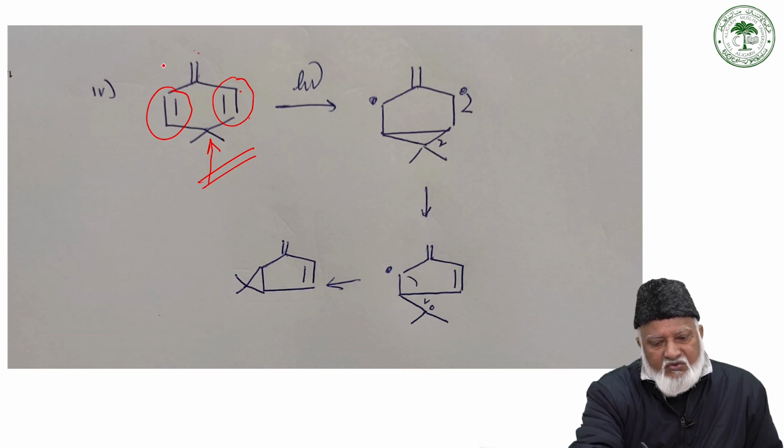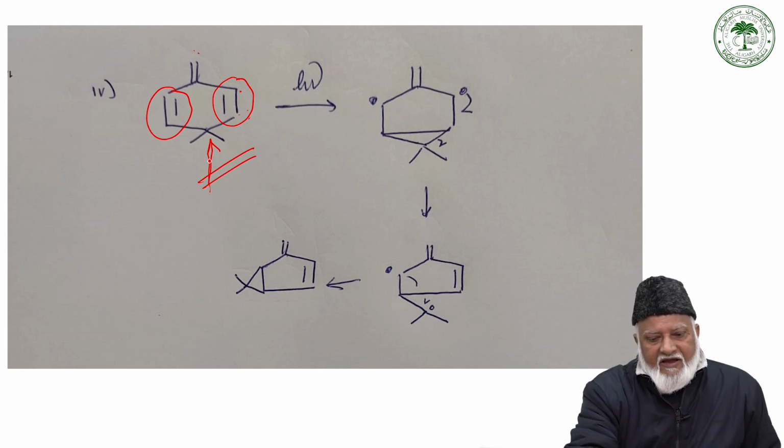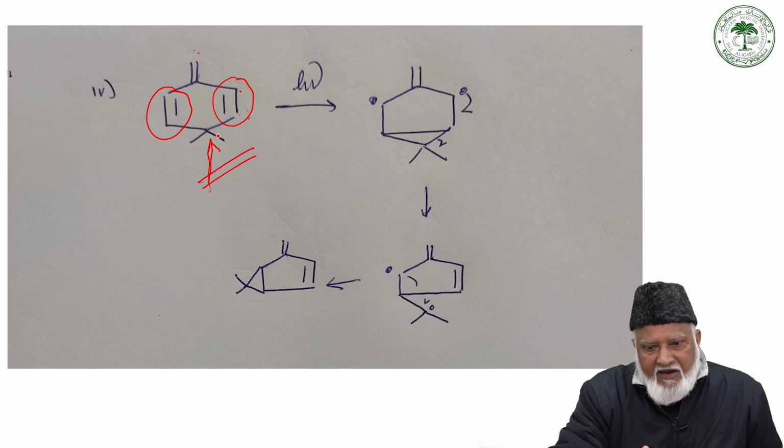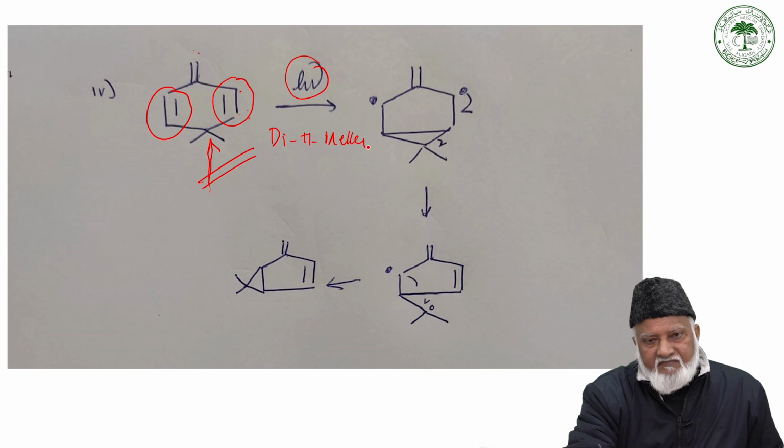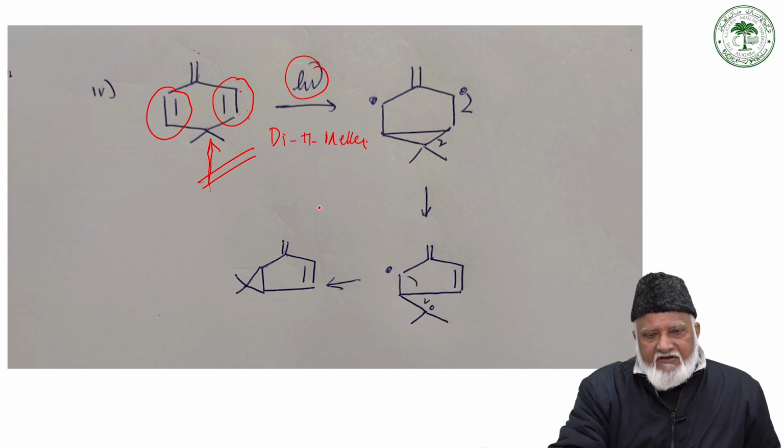If you consider these 2 also, there is no methylene. But these 2 double bonds are separated by a methylene group, and hence these 2 double bonds and a methylene group may participate under photolytic condition to give a di-pi-methane rearrangement.